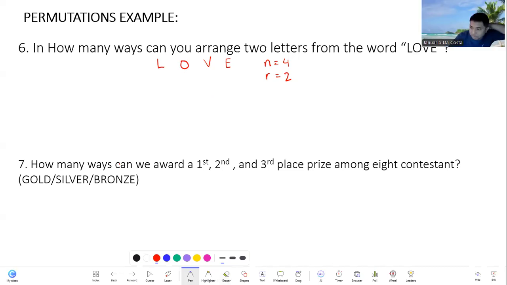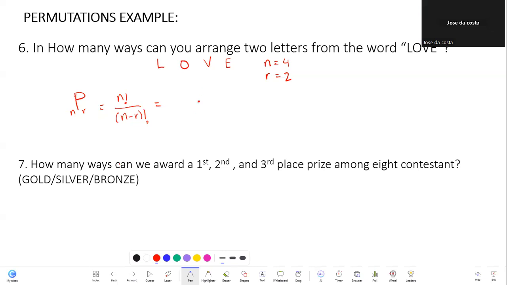Okay, so how many possible arrangements can you do? Okay, so you can just write P of N and R is equal to N factorial over N minus R factorial. This is the permutation formula, correct? So just simply write it down.